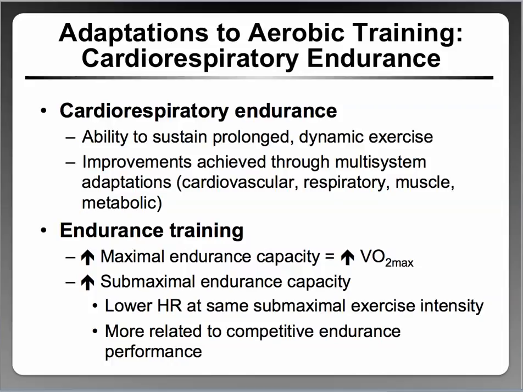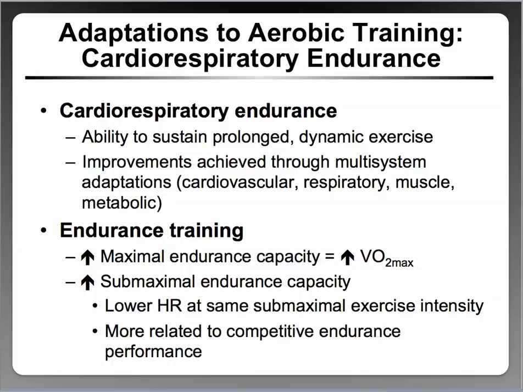So if you look at the very last point on the slide here, basically what it's trying to say is that your level of endurance training has an effect on your performance.